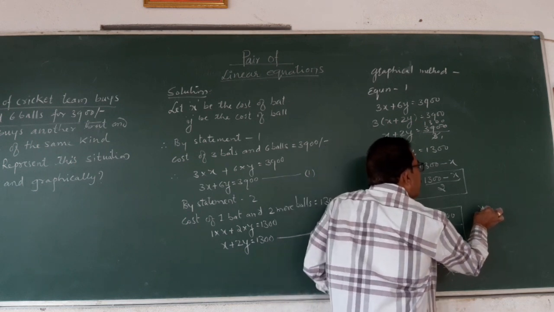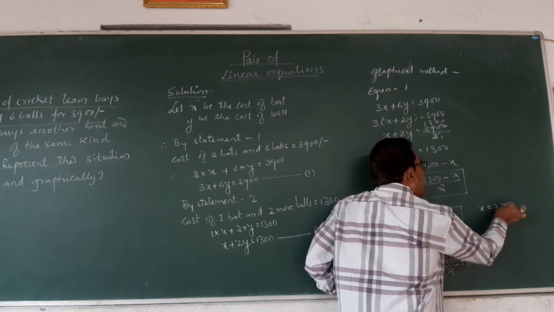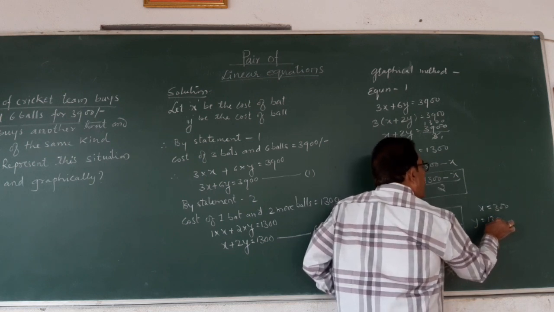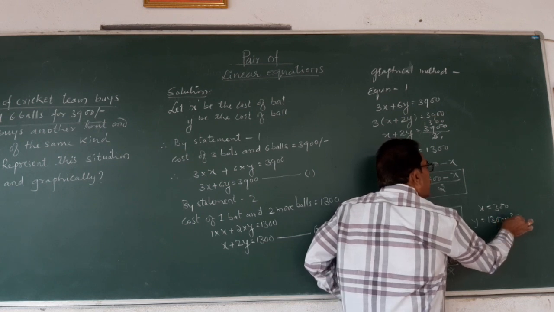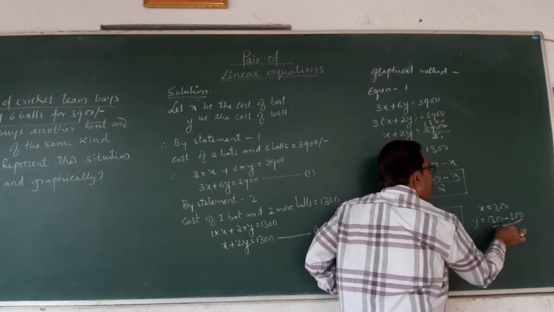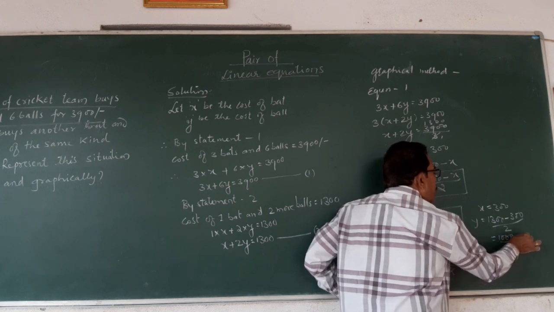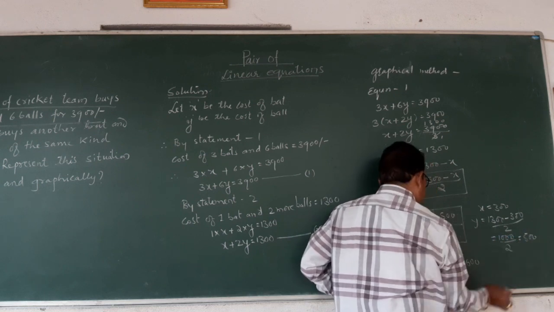Then x equals 300. Then y equals 1,300 minus 300 divided by 2, that is 1,000 by 2, which is equal to 500.